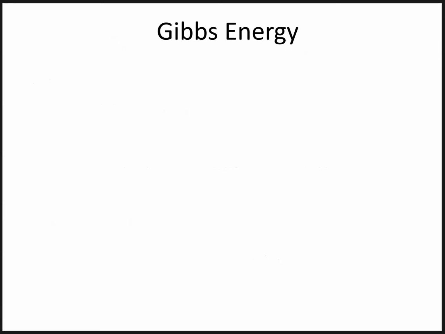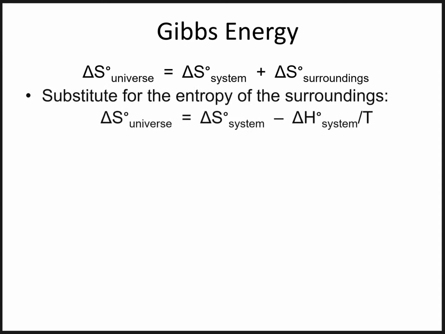So Gibbs energy is derived as follows. We take our statement that the entropy of the universe is equal to that of the system plus surroundings, and change the surroundings in terms of enthalpy. That is, the entropy of the surroundings is equal to the opposite of that of the system, so negative delta H, divided by the temperature of the surroundings.